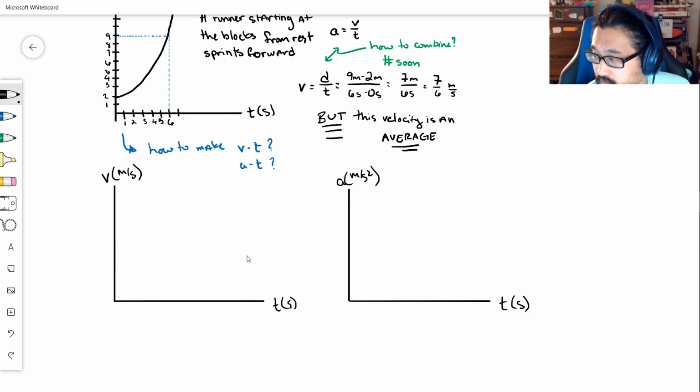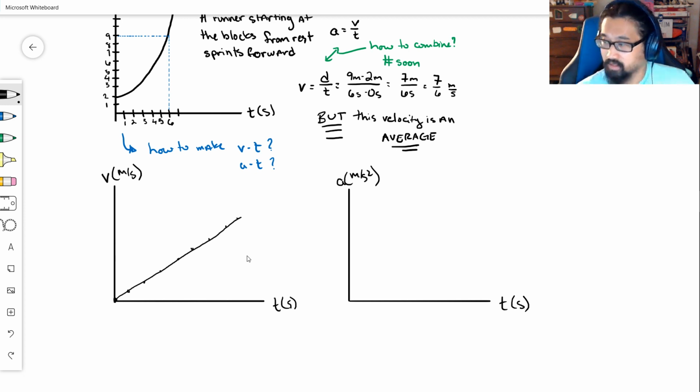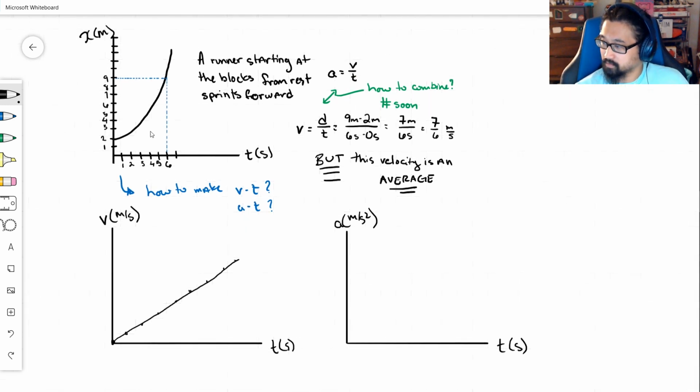Now we said that this kind of starts pretty low, and every second it seems to be getting just the tiniest bit faster. This is kind of a representation of what's happening to velocity.